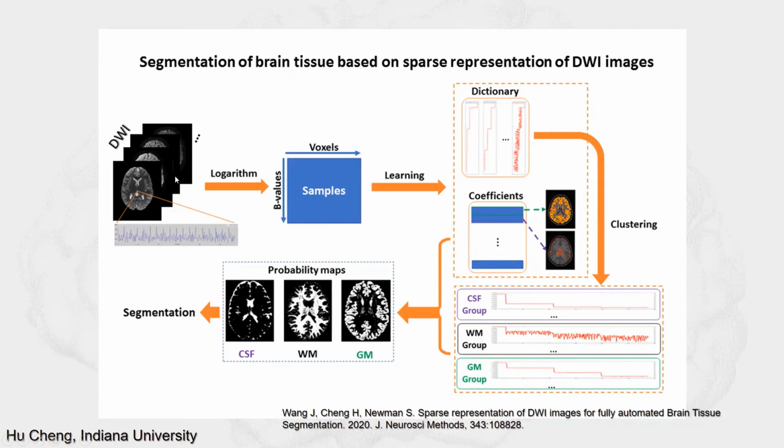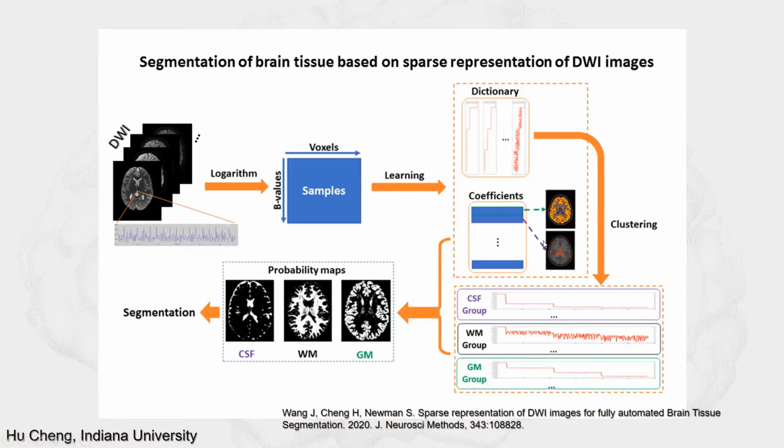So this is a flowchart of the algorithm. We first take the logarithm of the DWI signal. Then, using sparse coding to find the dictionary, we classify the atoms based on their features.